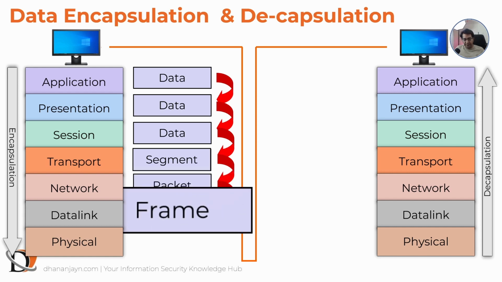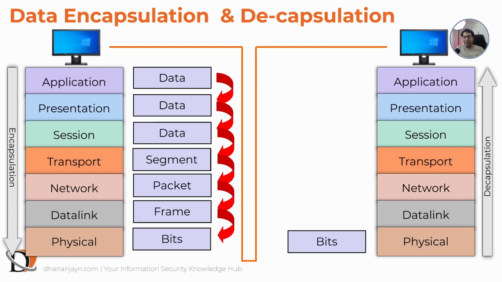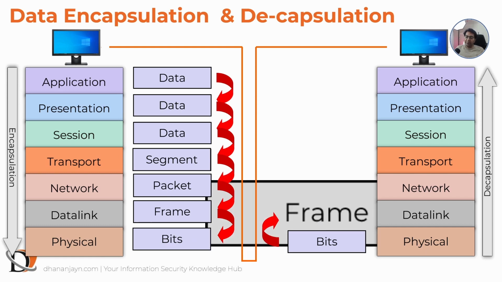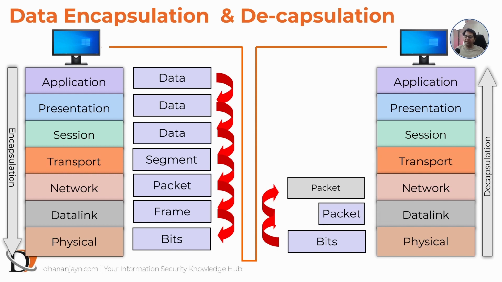Data is translated into segments, packets, frames, and finally bits. When the destination receives them, bits become frames, the headers are removed, the frame becomes a packet, and then the packets are decapsulated.